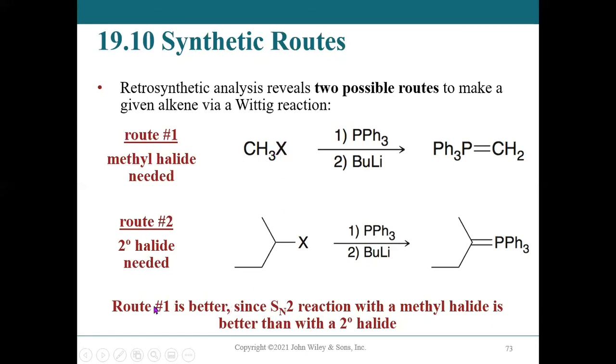Therefore, route 1 is better, since SN2 reaction with a methyl halide is better than with a secondary halide. In the other route, to produce the Wittig reagent we need to use this alkyl halide, which is a secondary alkyl halide. It's a little bit difficult to go with SN2 reactions.